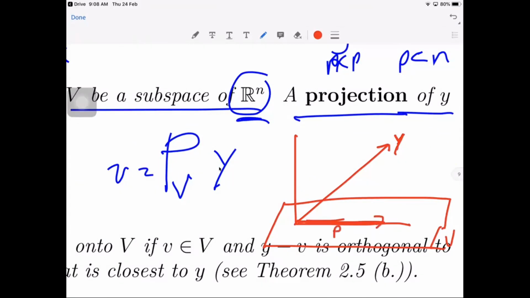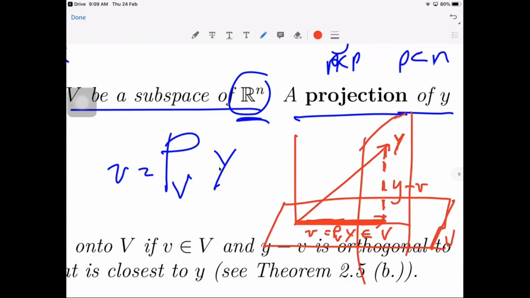This is the projection of Y onto V, and this is in V. If this is small v, then Y minus small v is the one which is orthogonal to the projection of Y onto V. So this is your subspace V, and this is your V-perp.